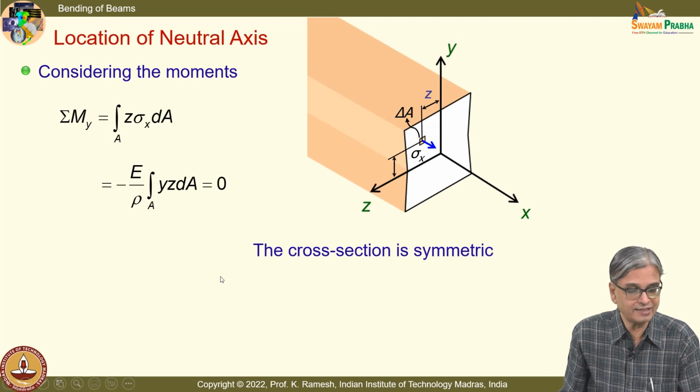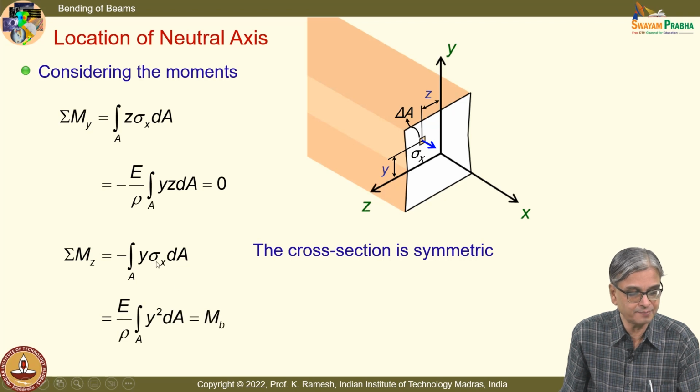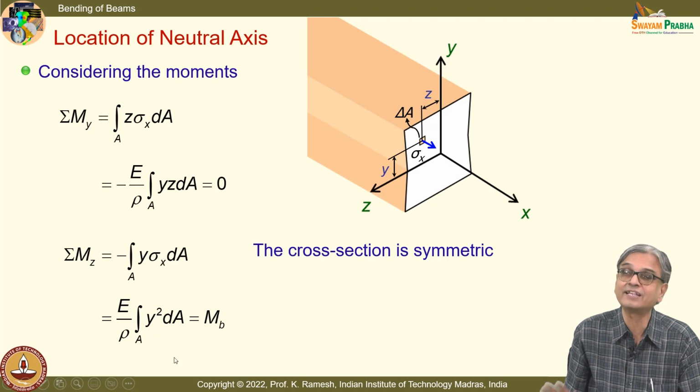And you have the other expression, sigma mz equal to minus integral over the area A of y sigma x dA. I can substitute the expression for sigma x, and when you substitute this, I get integral y square dA.